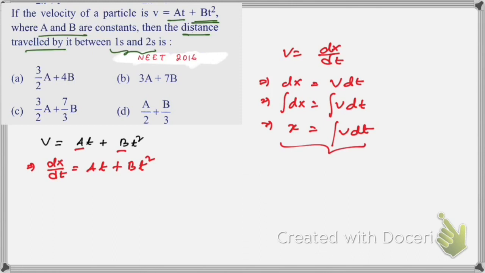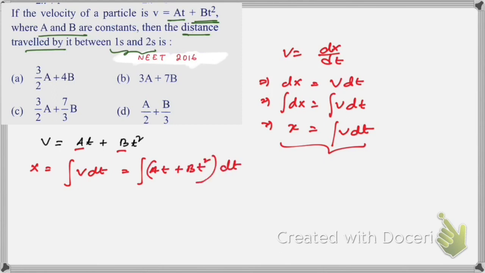Let me write x is equal to the integration of v dt, that means the integration of at plus bt square dt, right? Constants can be taken out of the integral. So a integration t dt plus b integration t square dt, we can write that way. That's how we can write.